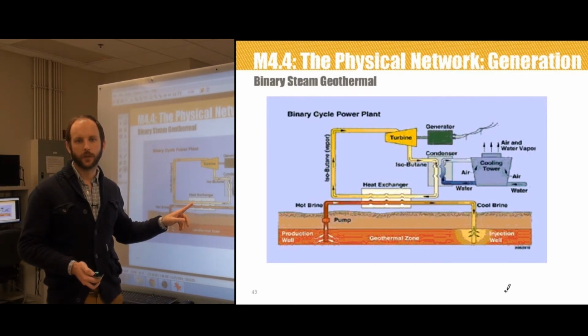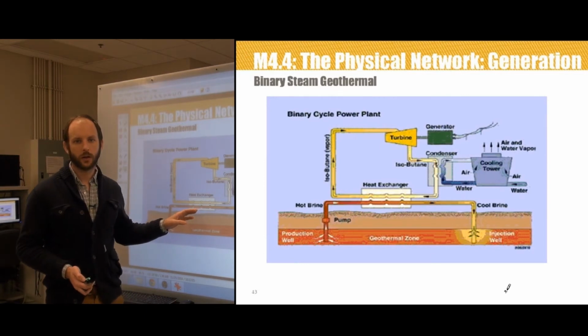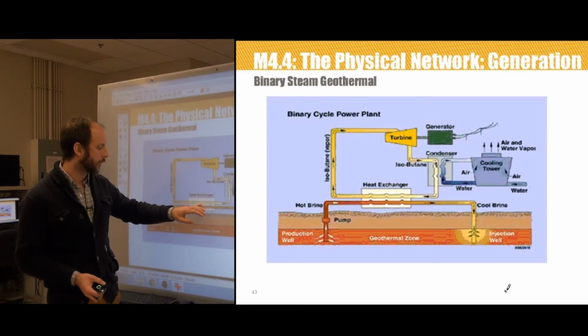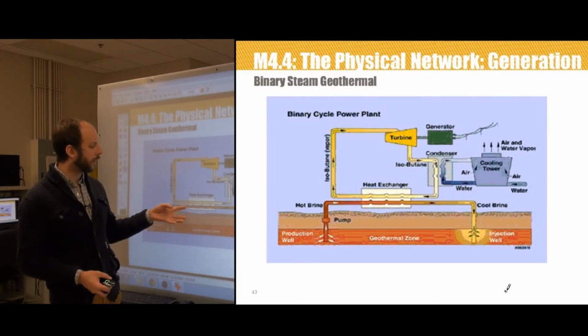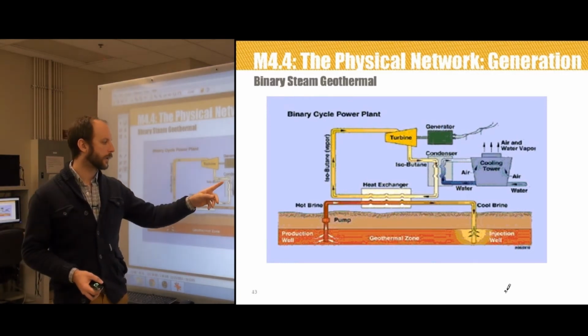As the pressure decreases, we've got water going through here. It then comes in contact with a working fluid inside this heat exchanger. The working fluid is vaporized inside this heat exchanger. It's then used to spin a turbine.